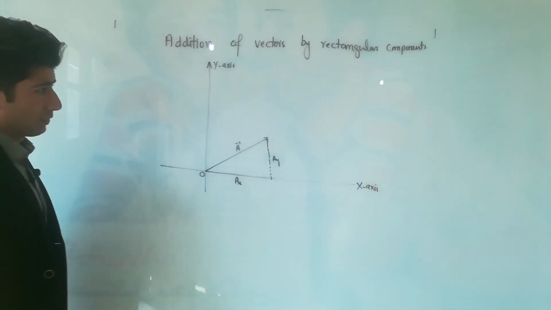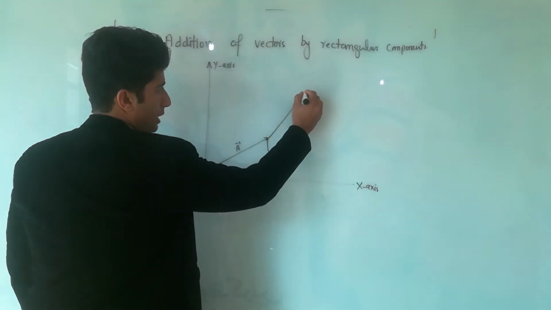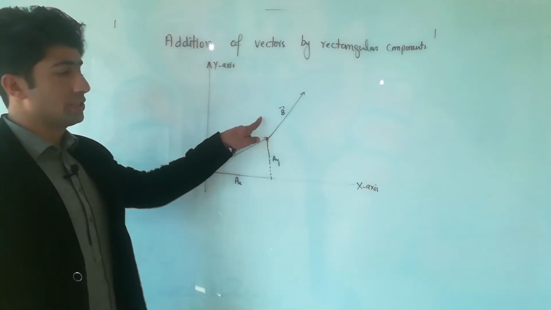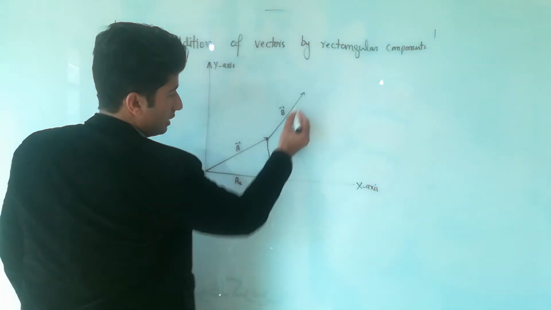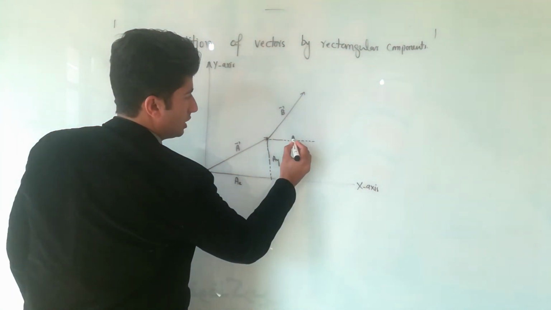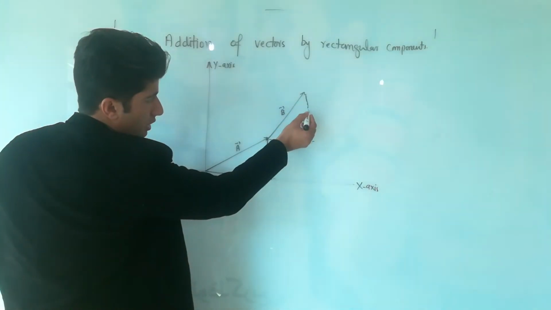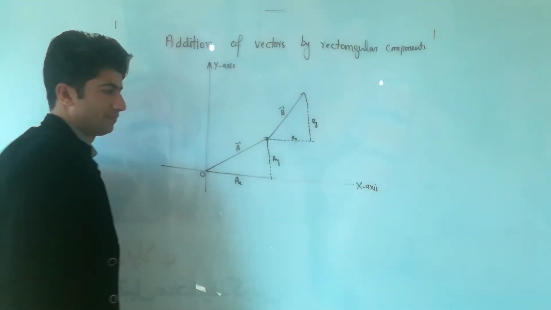Similarly, if we take another vector b, this is a vector b. What will be the x and y components of this vector b? This will be the x component of this vector, and this will be the y component of this vector.